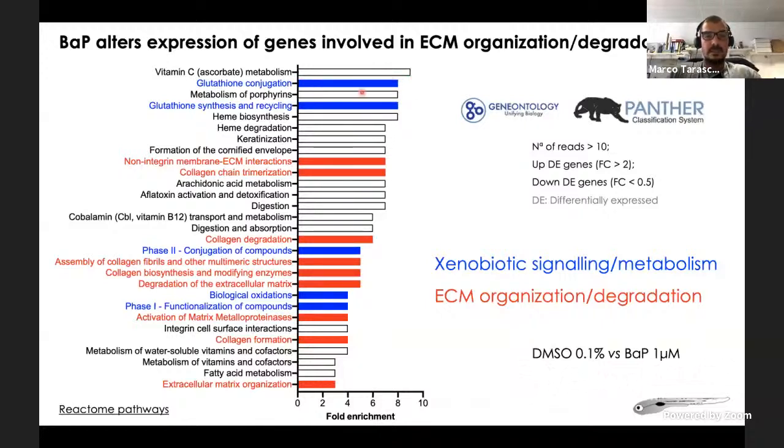Of course, as we were expecting, many pathways were leading to the xenobiotic signaling and metabolism, such as phase 1 functionalization of compounds, phase 2 conjugation of compounds, and so on. But interestingly, we saw that many pathways enriched were leading to extracellular matrix organization and degradation, such as, we can see here, degradation of the extracellular matrix, collagen formation, and others.